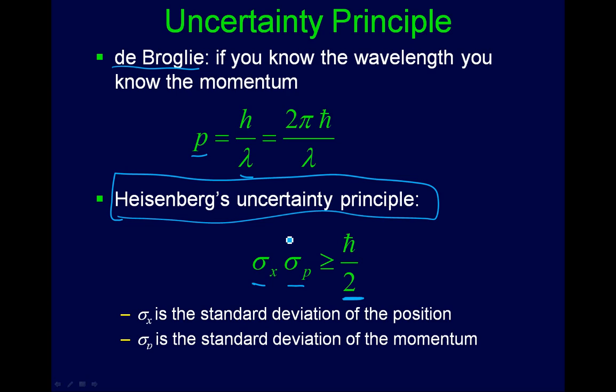What that in general means is that if my spread in x is bigger, then the spread in my momentum will go smaller. It's just what we've been talking about. If I know my position really well, then I will know my momentum less, and vice versa.